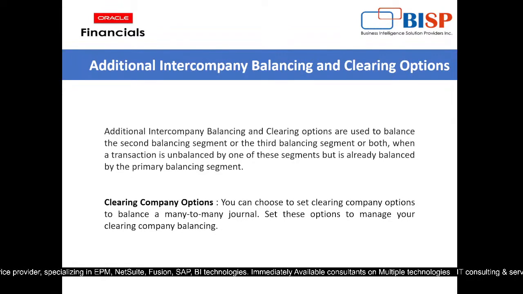You can use these accounts as the template to build the balancing accounts for your balancing segment 2 and balancing segment 3 when the journal is already balanced by primary segment 1. So the same way we have defined the balancing rule, we have to provide here the receivable and payable intercompany accounts.